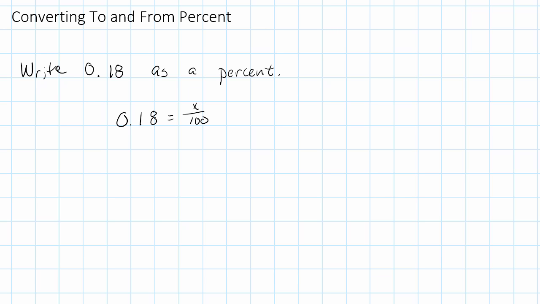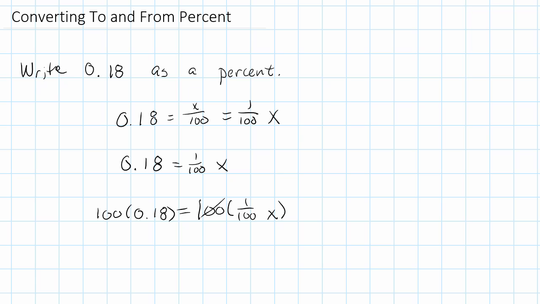We know how to understand x over 100 though. That's just 1/100th times x. And we know how to solve this equation. If we have 0.18 equals 1/100th times x, we want to multiply both sides by the reciprocal of 1/100, which is 100. 100 and 1/100th will cancel out, and we'll just have 0.18 times 100.